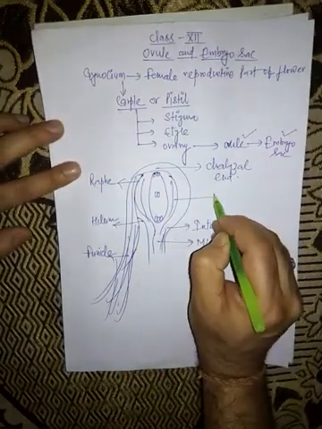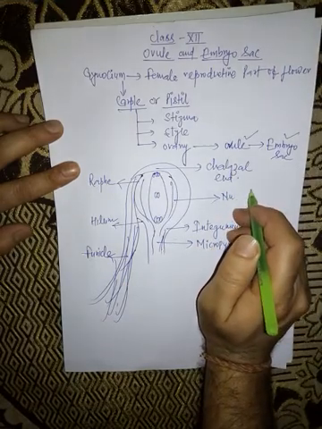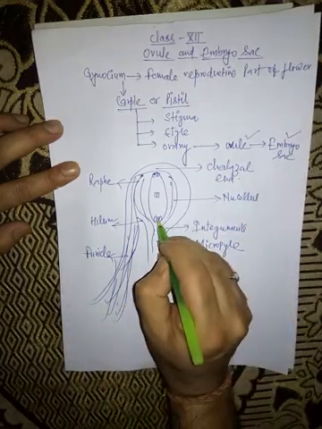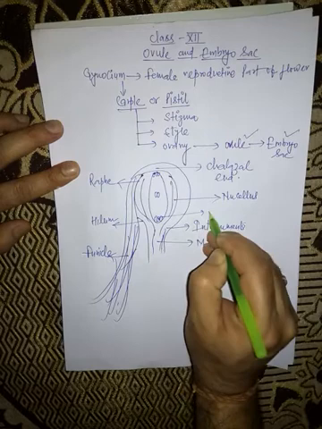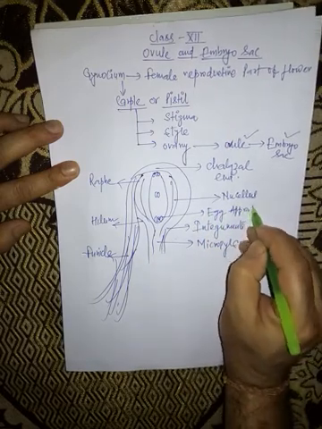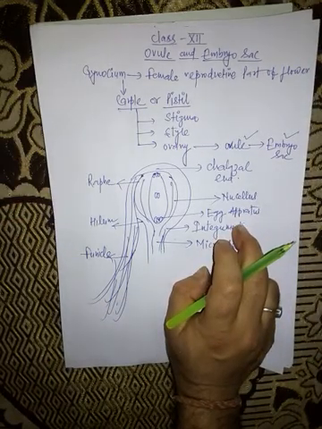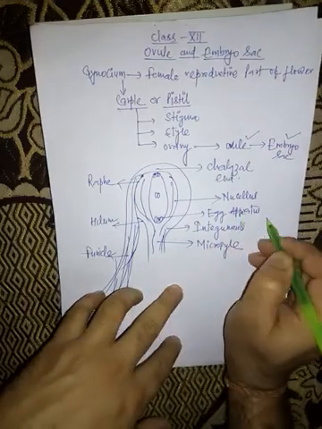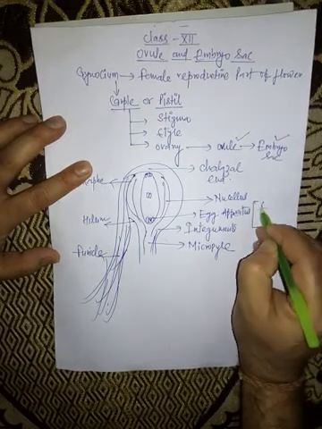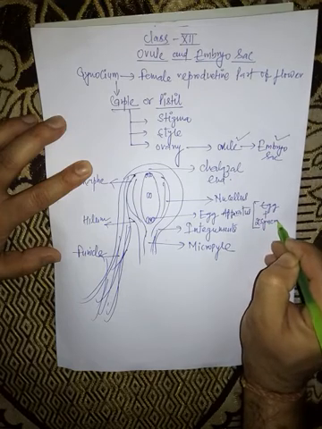This is nucellus. This is the egg apparatus. It is made up of one egg and two synergids.